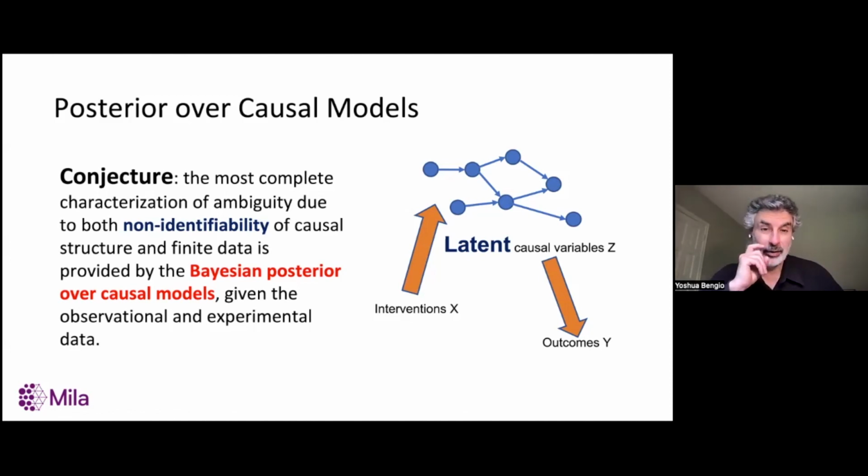Now I'm going to focus on the text on the left. One of the central problems in causality theory is identifiability. The problem that in most realistic cases, we're not able to figure out what the causal structure is. And it gets worse if we don't observe those causal variables.